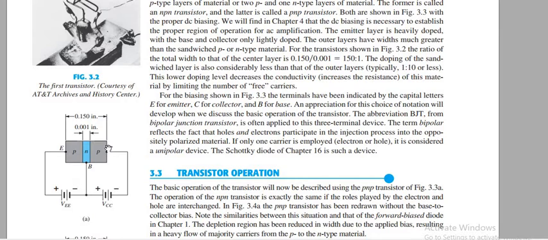While on the other hand, this collector side is connected with the negative terminal of the battery. So what happens? The positive, means P type, is connected with the negative terminal of the battery. So how would it behave? Obviously in reverse biasing.